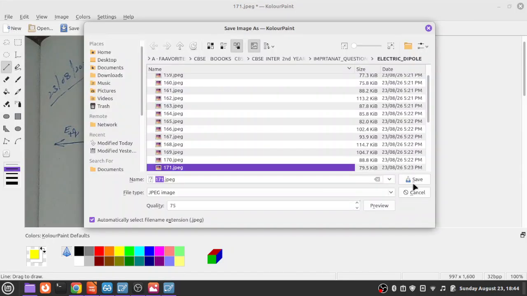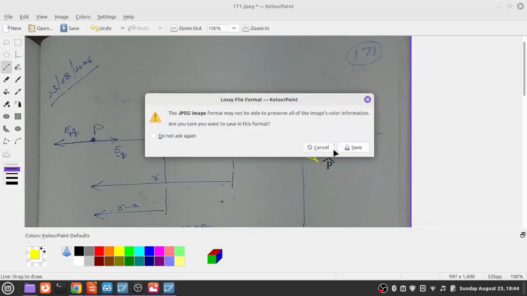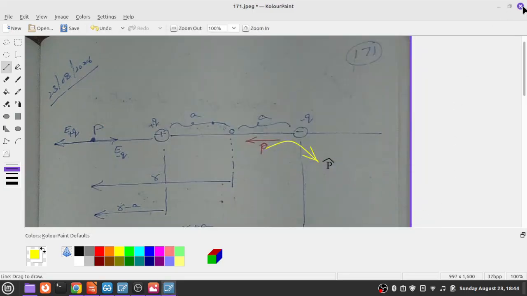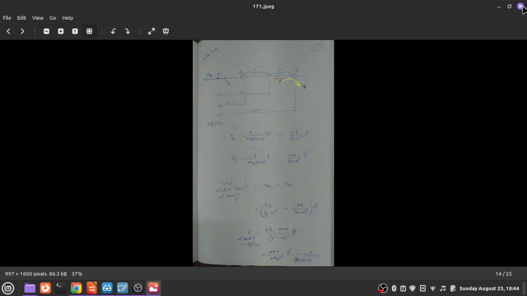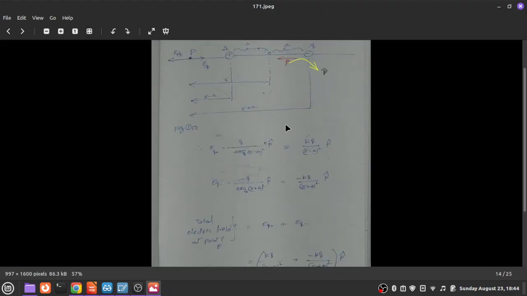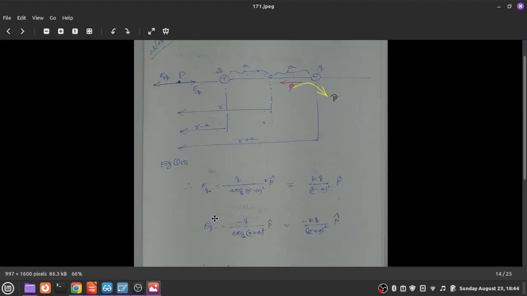I have included it. That should be read as P hat. E plus Q is along the P hat direction, but E minus Q is along the opposite of P hat. Therefore, we have included a minus sign here.